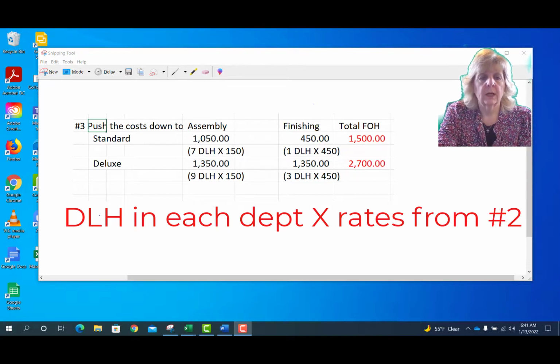So push it down to the products by taking how many direct labor hours each product took in each department, multiplying it out, and then double check your work.